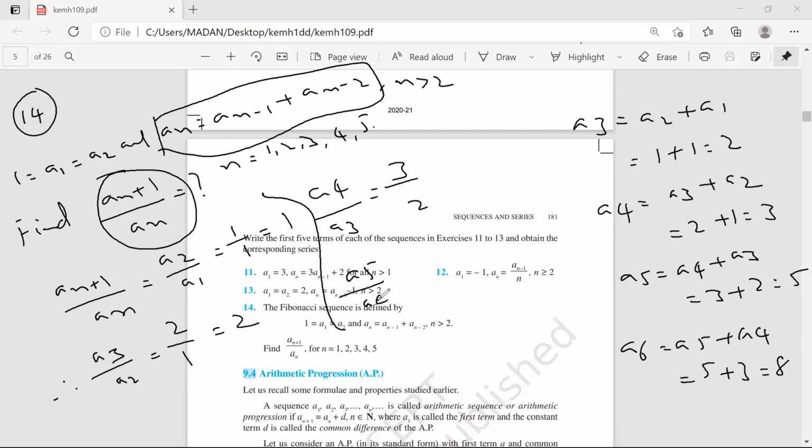And A5 by A4: 5 by 3. A6 by A5: 8 by 5. Copy this.